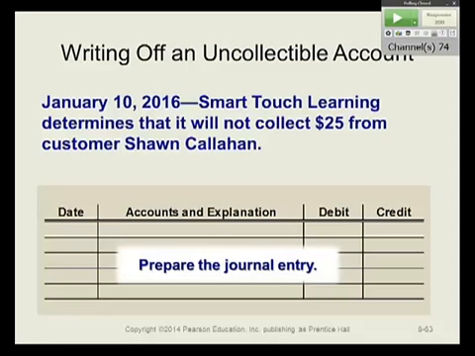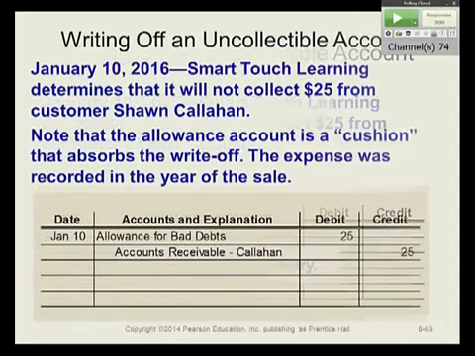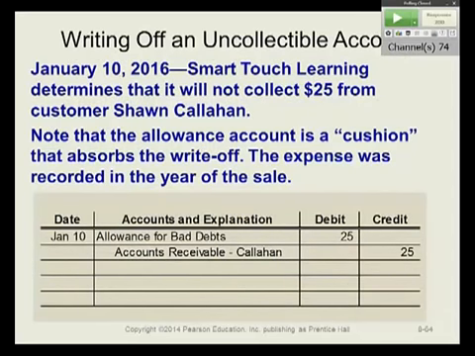This is not an estimate, this is an actual that has to come out of his subsidiary ledger as well as the general ledger. So the entry is going to be to debit the allowance for bad debts and credit the accounts receivable directly.